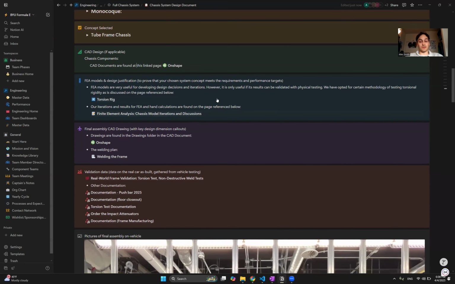I will probably do another video on how we go about doing our design, just kind of as a rule of thumb for future years. But that aside, something that's very tied into the CAD portion of this page is FEA models. So FEA, if you don't already know, stands for finite element analysis.